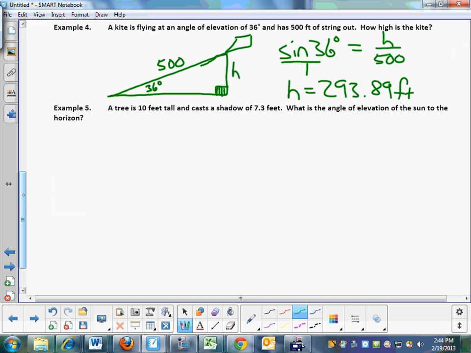And the last one, a tree. Trees are my specialty. It's a squirrel hole. It's a gigantic squirrel.